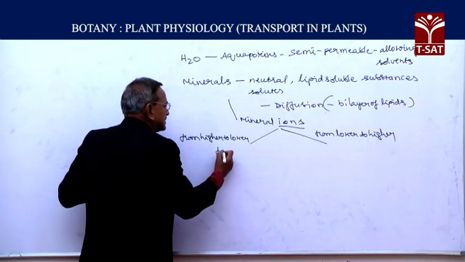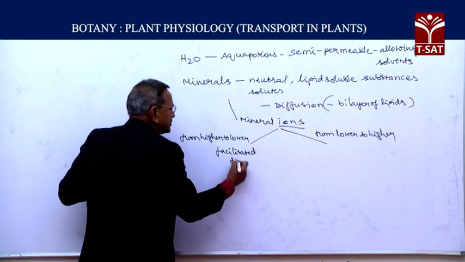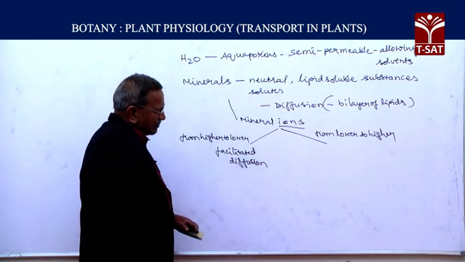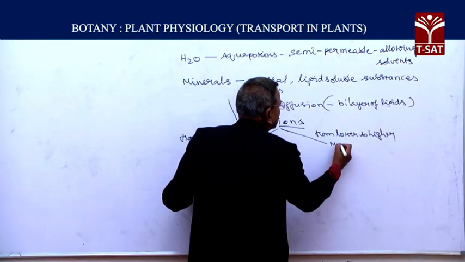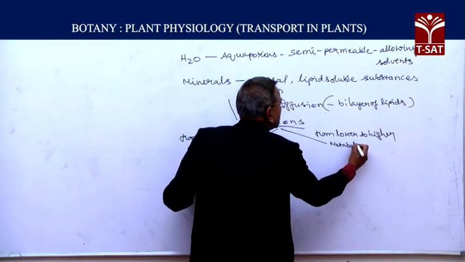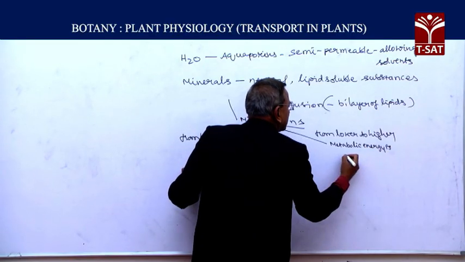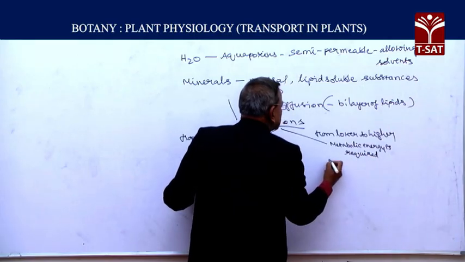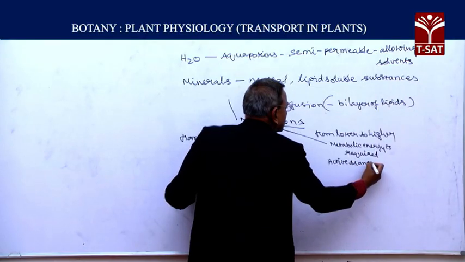Now we have what is called facilitated diffusion. From lower to higher, it requires metabolic energy, and this is called active transport.